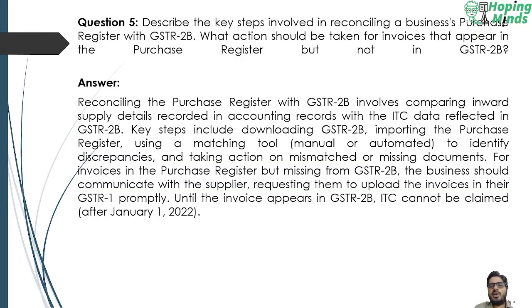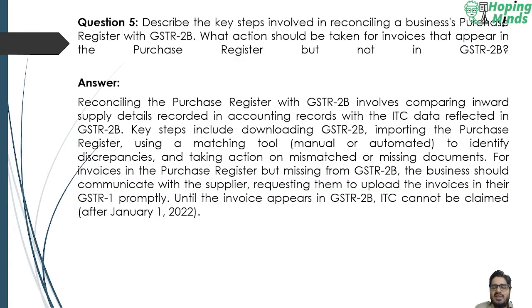So, in order to reconcile the purchase data with GSTR 2B, the first step is to download the GSTR 2B. GSTR 2B can be downloaded either in JSON format or in Excel format. Once GSTR 2B has been downloaded, the purchase register should be exported in Excel format.